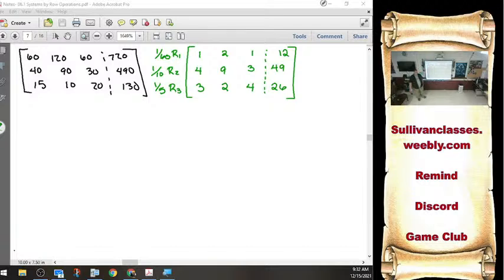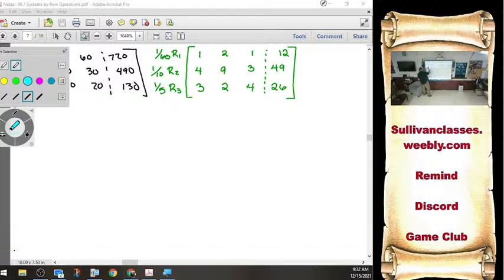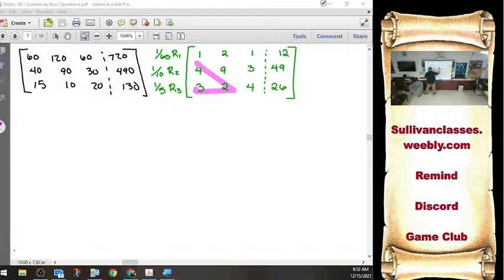Okay, there's the one I really want to work with. Remember the goal again. I want to get rid of this triangle of values. The first stage to getting rid of that triangle of values would be to use this 1 conveniently up in that top left corner command zone to get rid of the 2 below it. So, how can I use something to get rid of this 4?